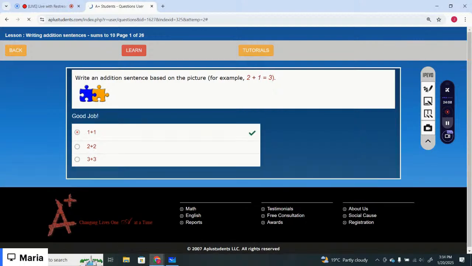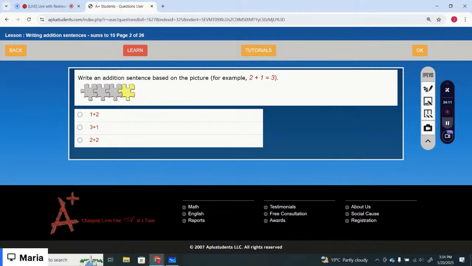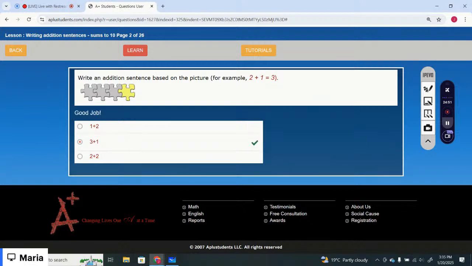Option number 1 is the correct option. The correct option is option number 2, that is 3 plus 1.